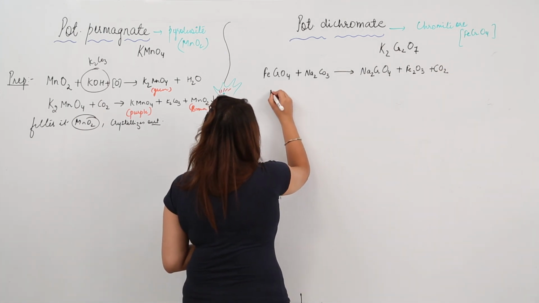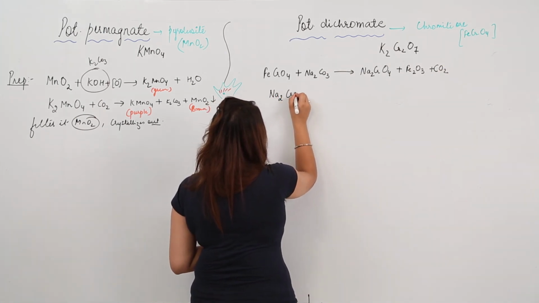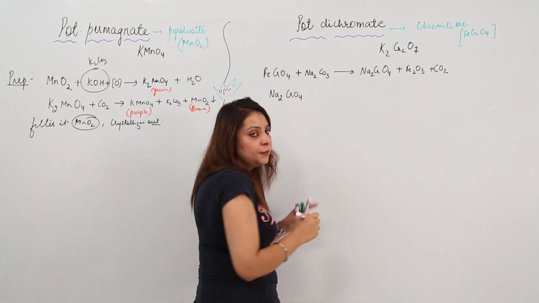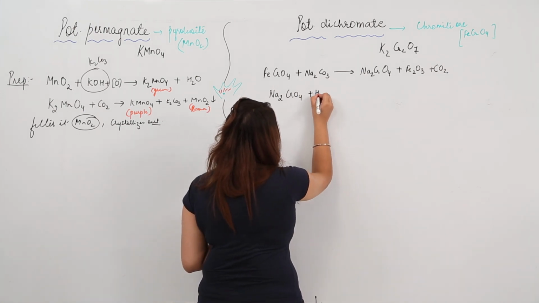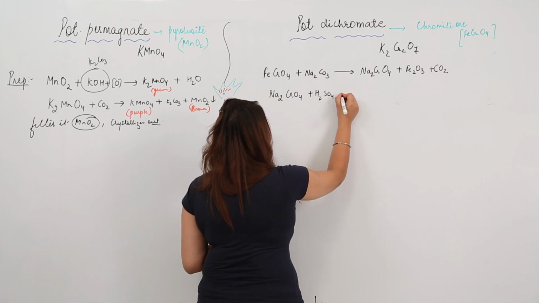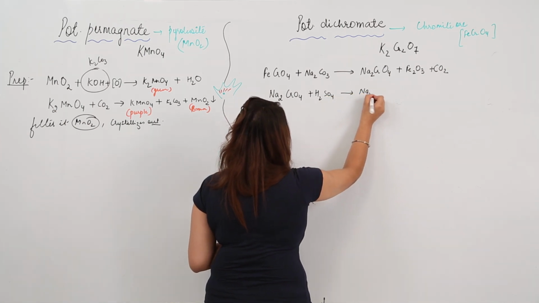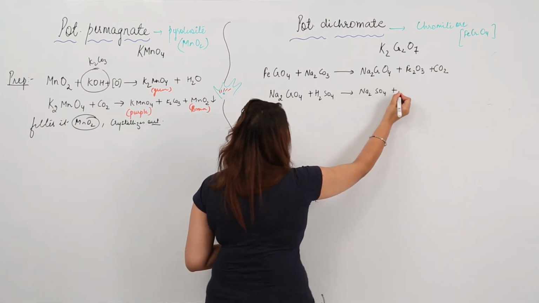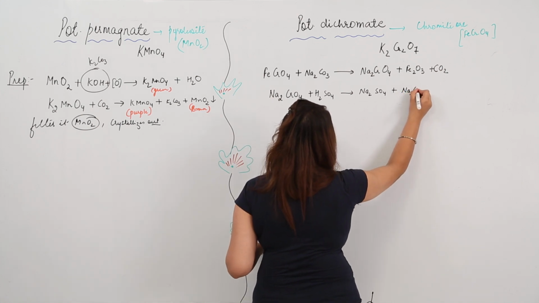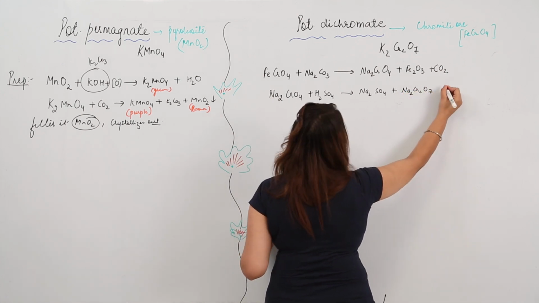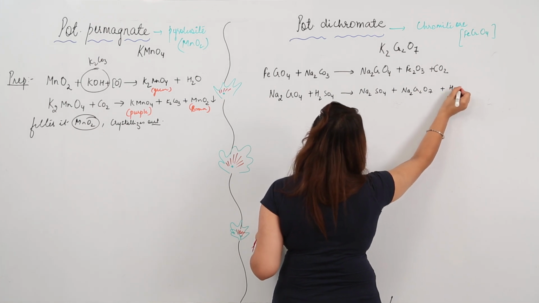Then in the second step we convert the sodium chromate into sodium dichromate. We react it with sulfuric acid and get Na2SO4, sodium dichromate Na2Cr2O7, and water.